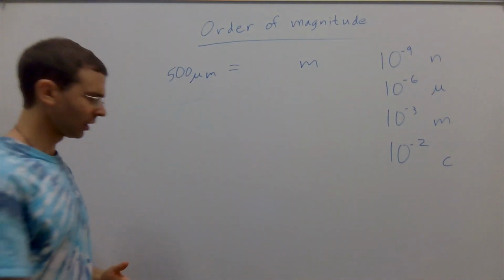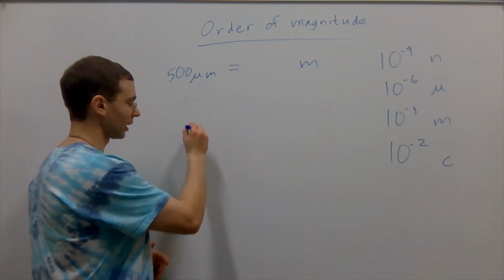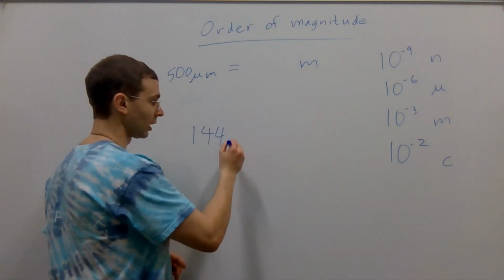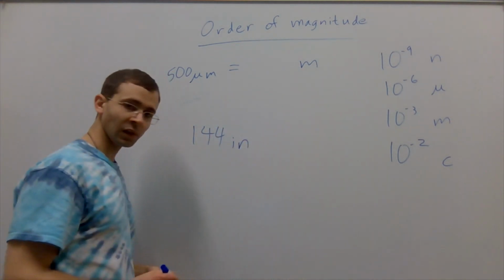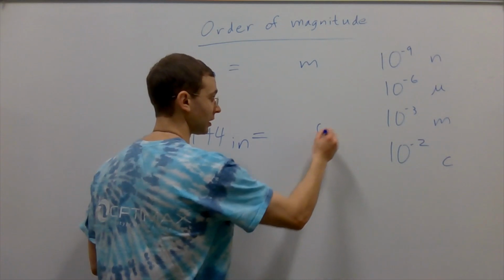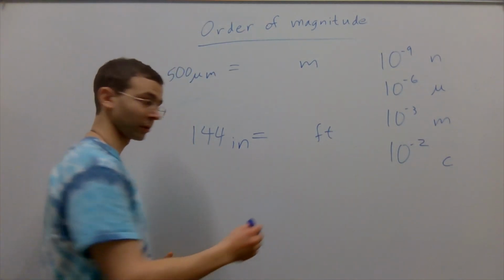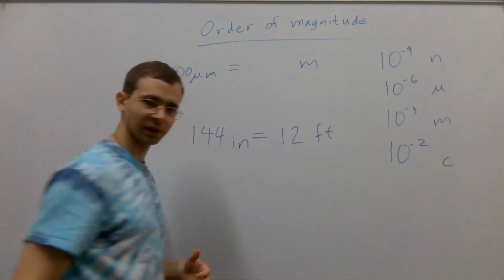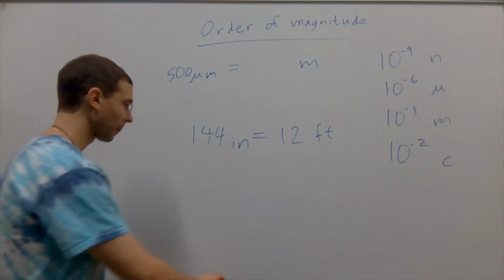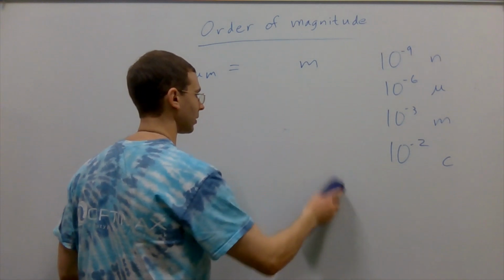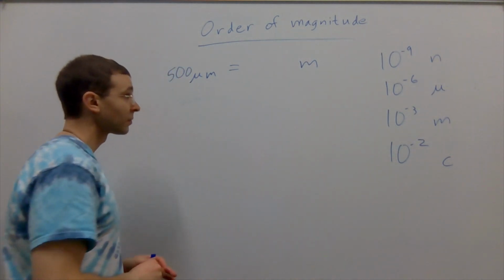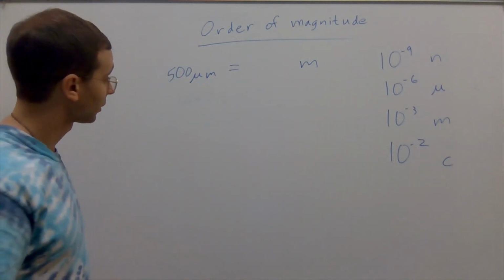Say, for instance, we know that if I'm looking at 144 inches, if I want that in feet, well, feet are much bigger, so I better have a smaller number, right? Therefore, this makes sense, right? Same idea here. We better have a smaller number. So that tells us which way to move the decimal point, right?